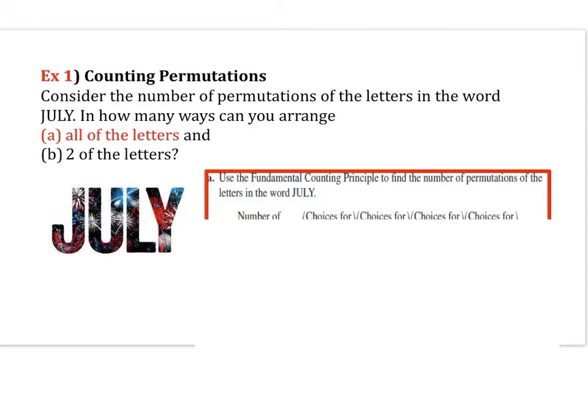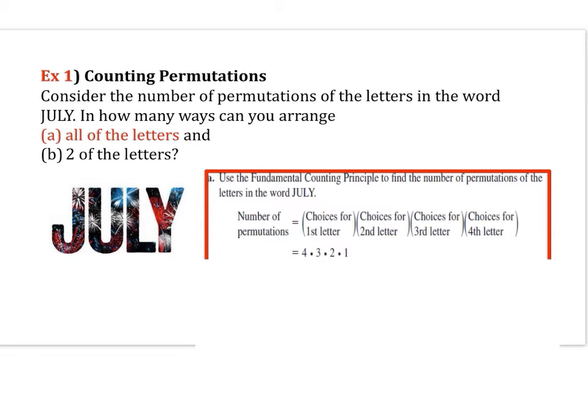So in general, we would look at the number of permutations, so order matters: choices for the first letter times choices for the second letter times choices for our third letter times choices for our fourth letter. Well, if we place a letter in the first position, we've got 4 letters to choose from. Then we've chosen one of the letters, so now we're down to 3 letters for the second position.